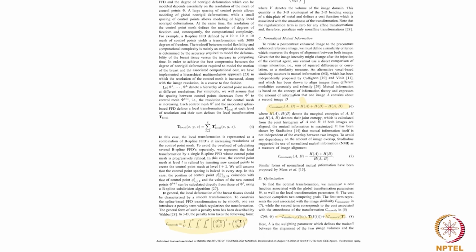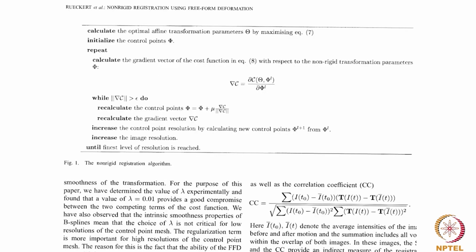So this is the total loss function. This lambda is another hyperparameter, which trades off between alignment and smoothness. So the algorithm proceeds as given here.